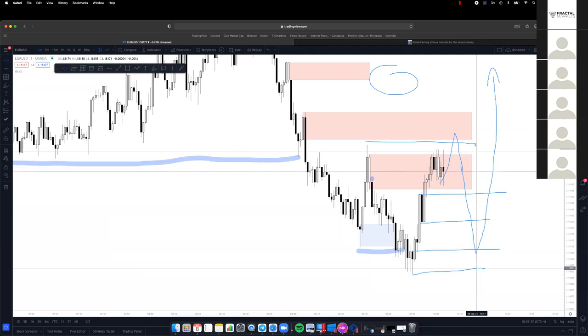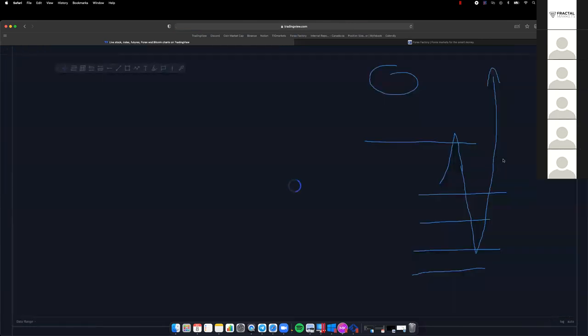I was gone for 2 seconds. Man was in power from below, no point taking sell. What's going on here? Why is my chart all frozen up? Internet connection unstable, perfect.